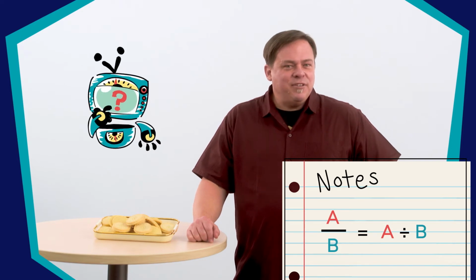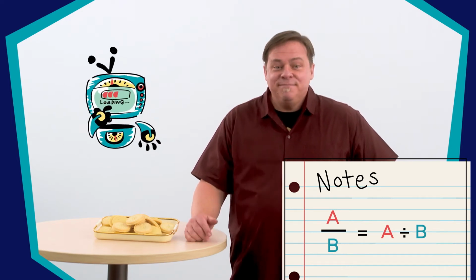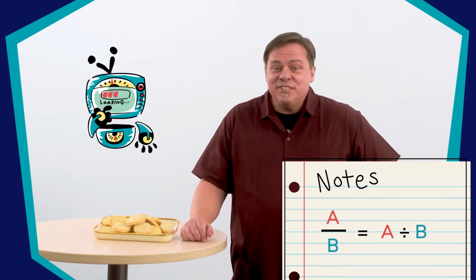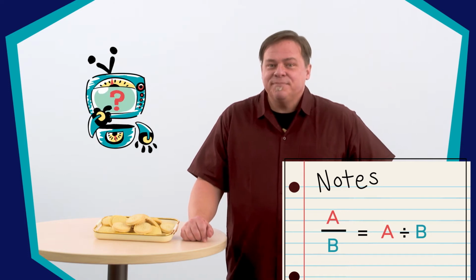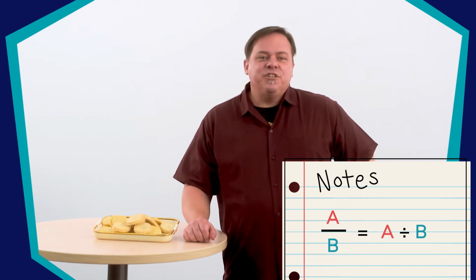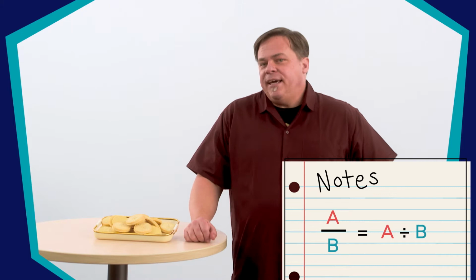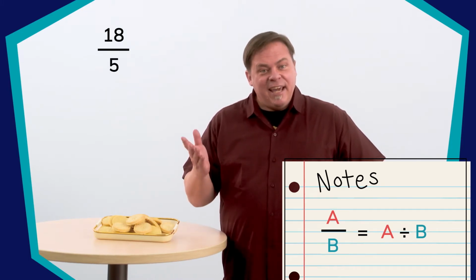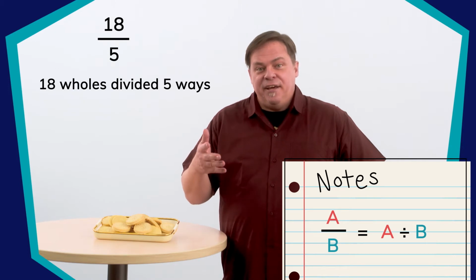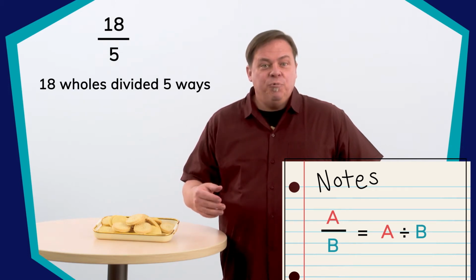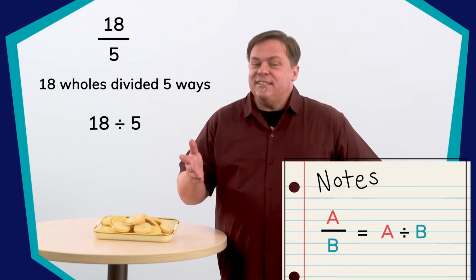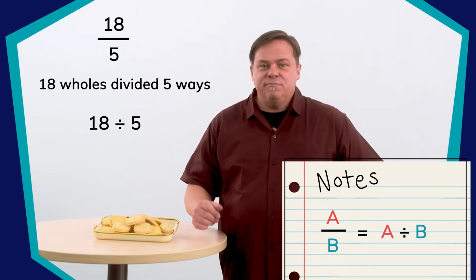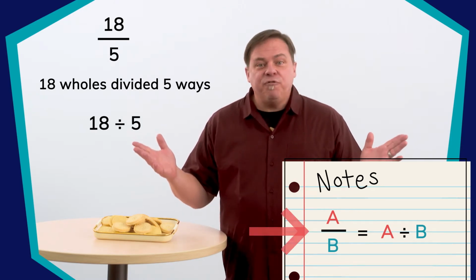Well, what about those fractions greater than 1? Yep, those are still just division problems. Take a fraction greater than 1 like 18/5. You can represent it as 18 wholes divided 5 ways, which is the same as 18 divided by 5. Or think about our formula.